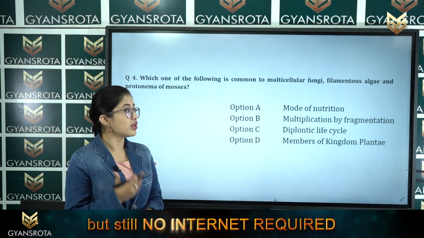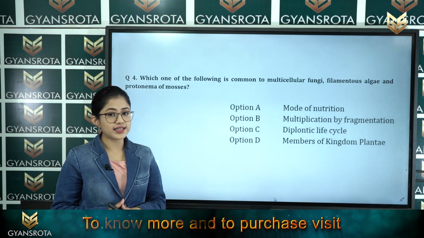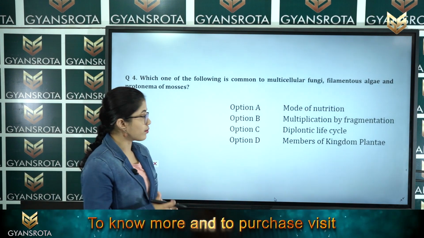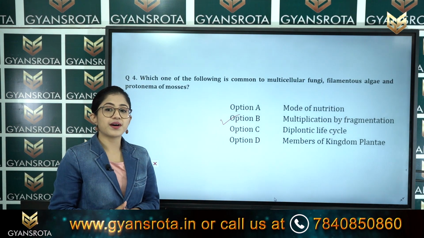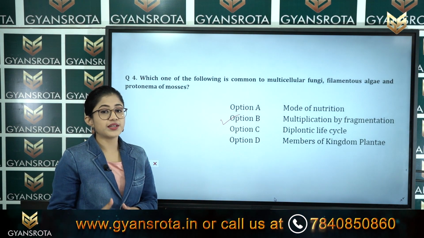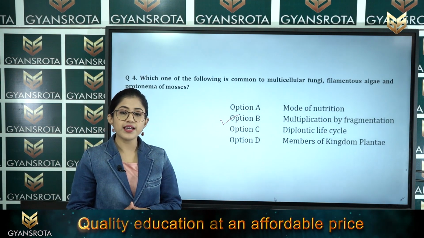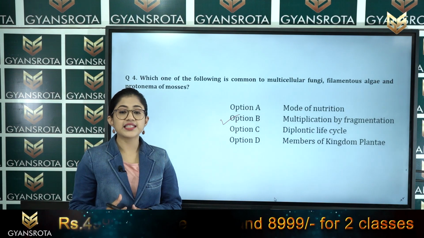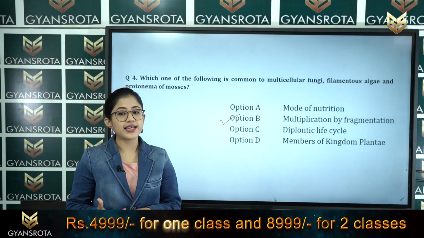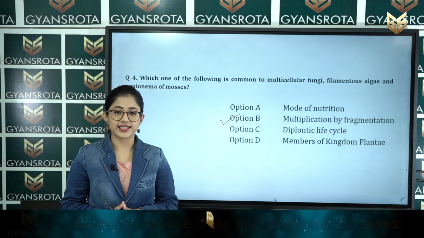We have discussed all about this in the chapter Plant Kingdom. The correct answer is option B, multiplication by fragmentation. Their reproduction is by multiplication, that is by fragmentation, and this is common to fungi, algae and also the protonema of mosses.